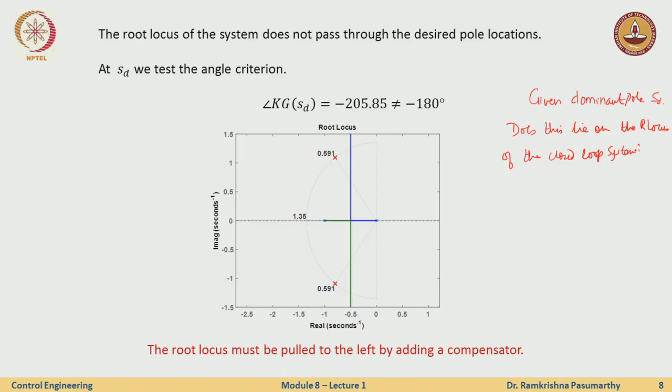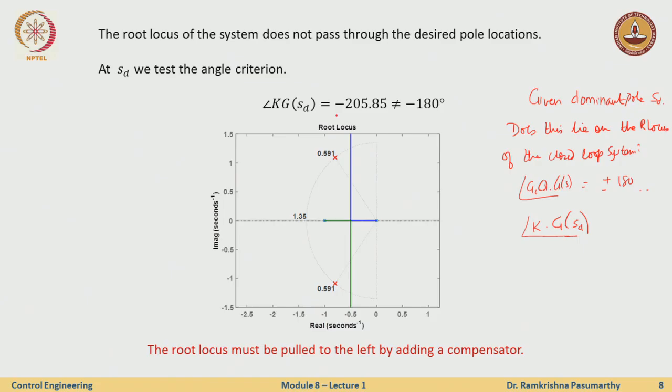And I know that a good way to check this is that the angle of the compensator or the controller plus the plant should satisfy this condition, plus minus 180 degrees. Okay, so if my controller is just a K, and then G, I check the angle at this point, G times SD.